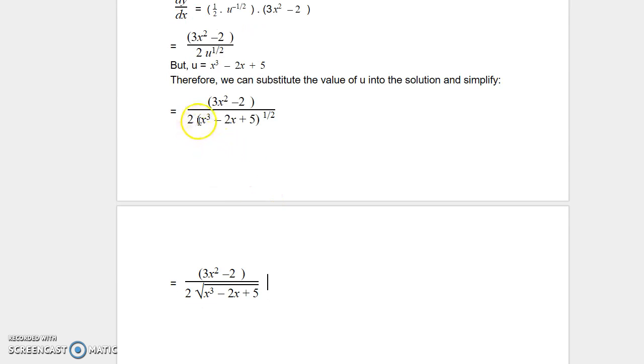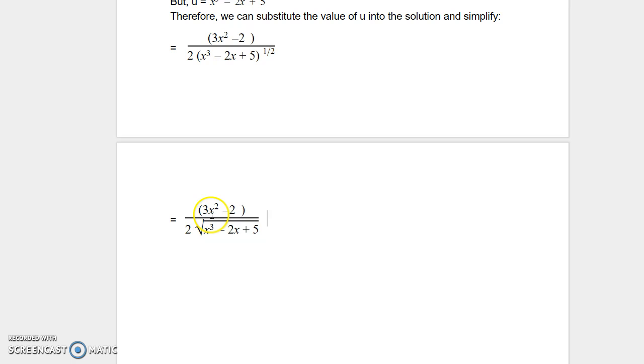And we can express this whole exponential quantity as a radical term as shown here. 3x squared minus 2 is in the numerator, divided by 2 times the square root of x cubed minus 2x plus 5. This is our solution.